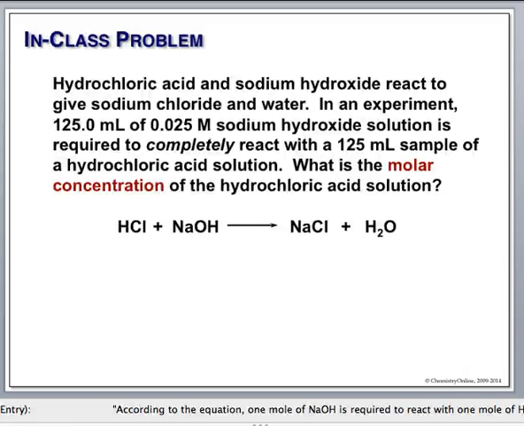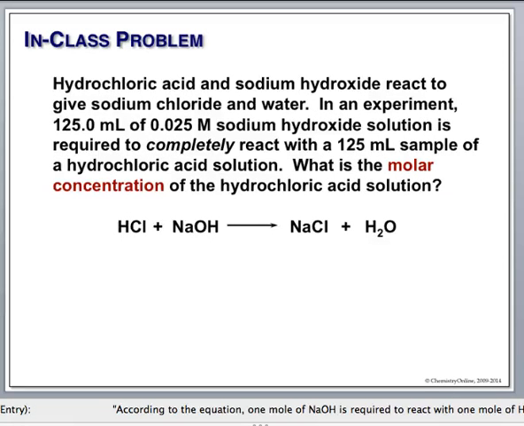Here we have sodium hydroxide. Its concentration is 0.025 molar. It takes 125 mils of it to react with an HCl solution that's also 125 mils in volume.